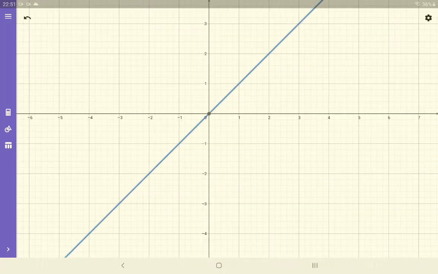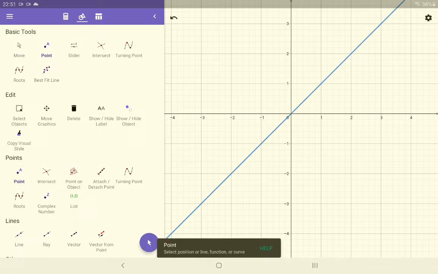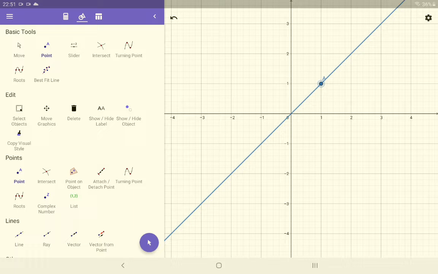If I want to plot points, suppose my x is 1, then according to the identity function y equal to x, I will get y as 1. If my x is 2, I get y as 2. If my x is 3, I get y as 3 only.